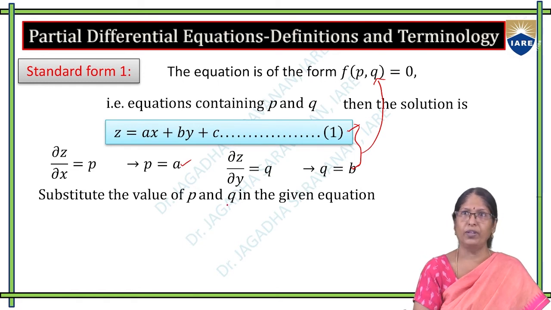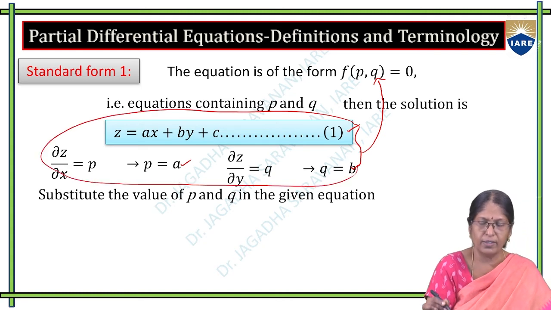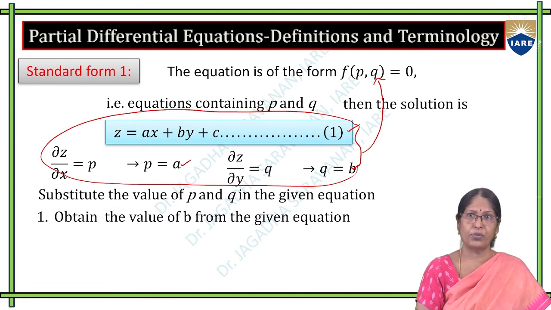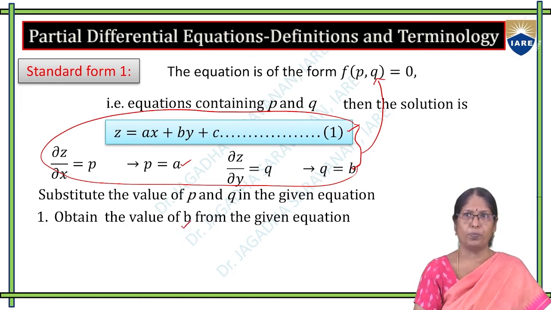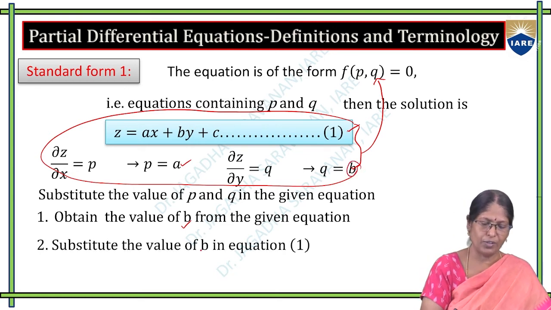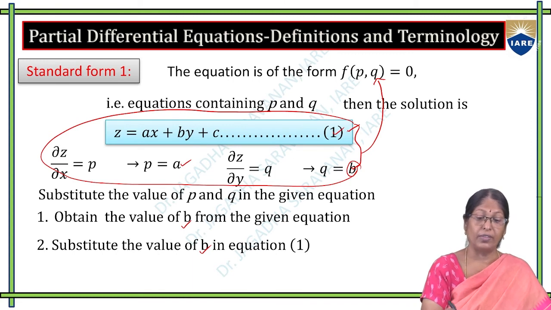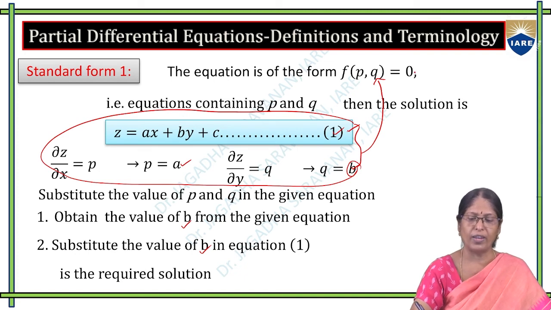I am circling the terminology in our problem. After substituting, we will obtain what b is, that variable. That we will substitute in the related solution, which is the required result of our given equation.